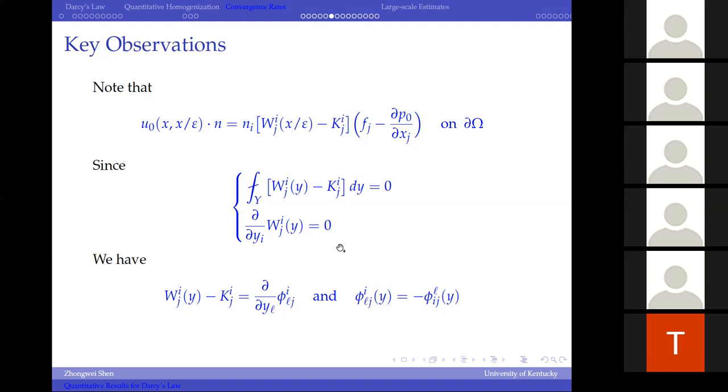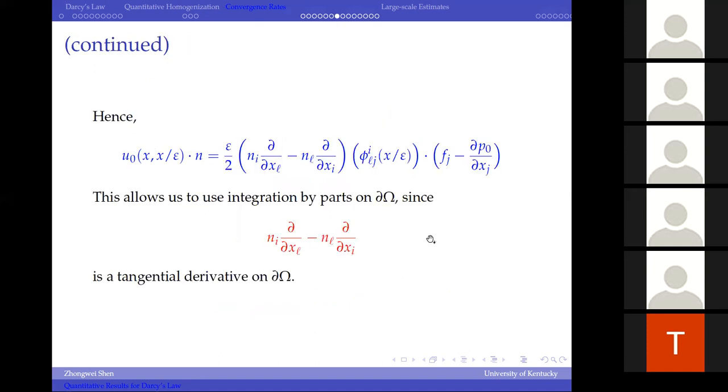You can do this for any vector with this property: mean value 0 and divergence free. This skew symmetric property will allow you to write this normal component as a tangential derivative of this tensor phi times f minus the gradient of P0.